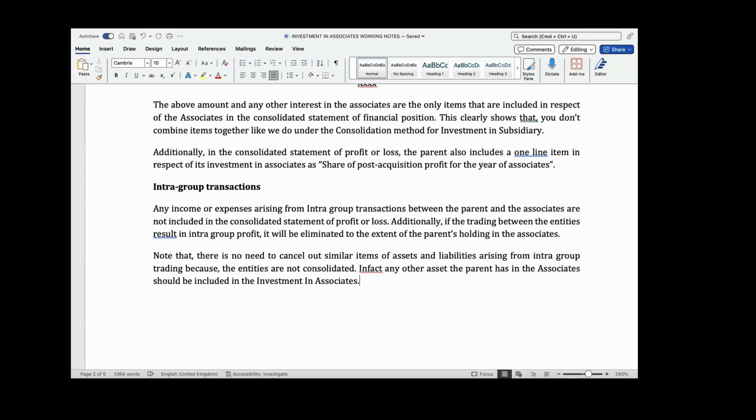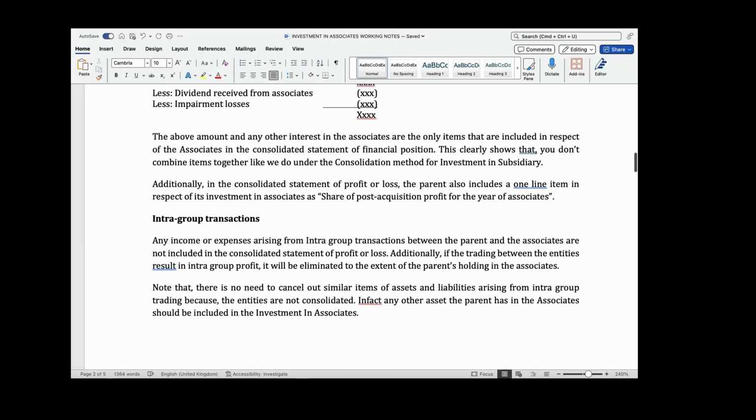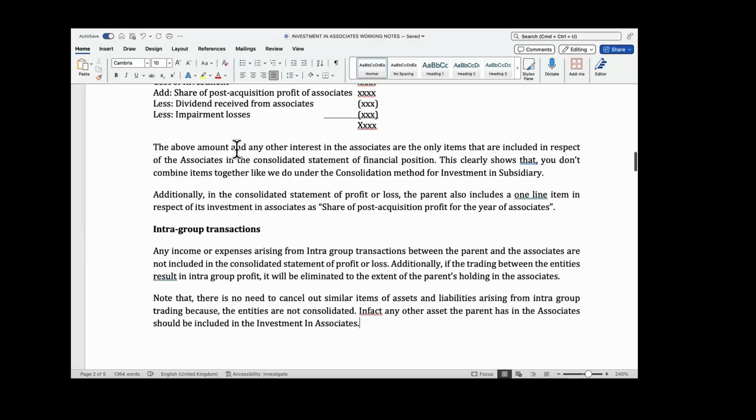If the parent has any other assets in the associate, he will include it as part of his investment in associate. And that was what I meant by any other interests here, when I wrote the above amount and any other interests. Since we don't cancel out that.